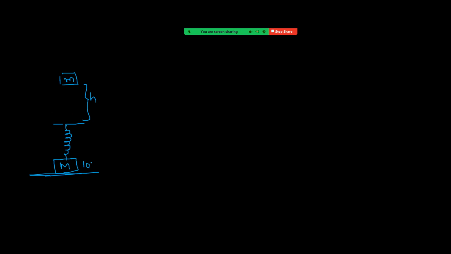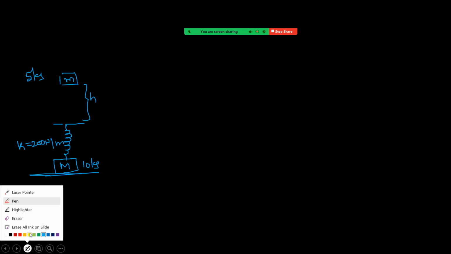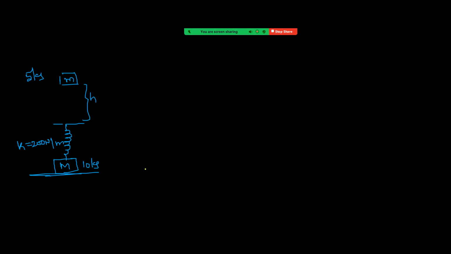Given this is a 10 kg, k value 200 Newton per meter, and this is a 5 kg. Okay, condition given that it sticks to the pan immediately. Right. First of all, we have to focus on the condition for the 10 kg block to bounce off the ground.